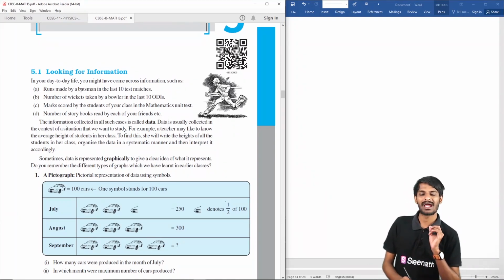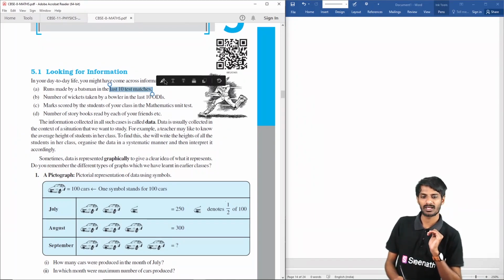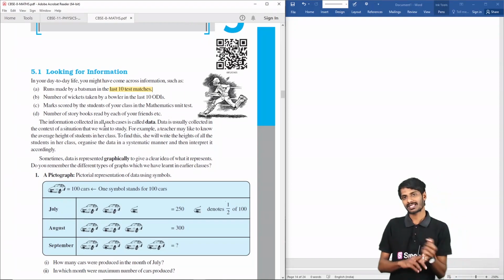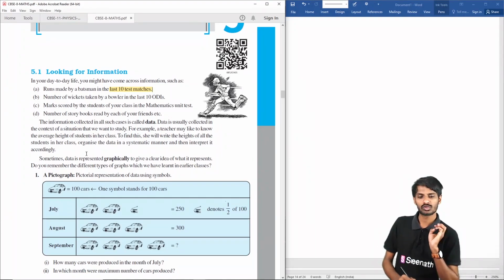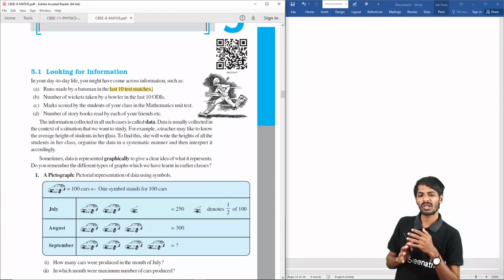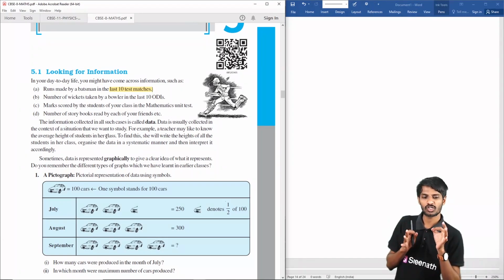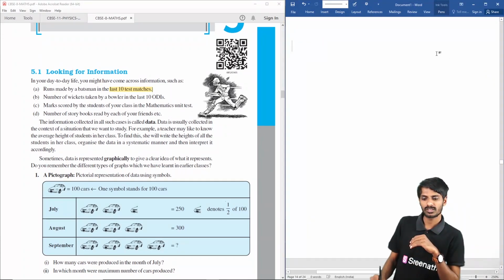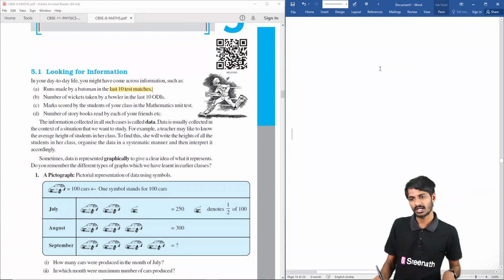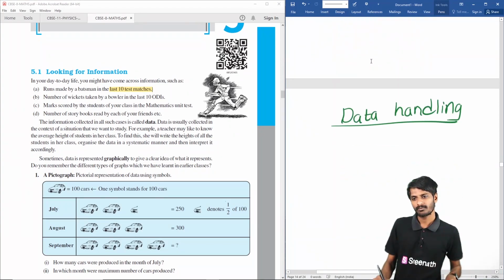Runs made by a batsman in the last 10 test matches, the number of wickets taken, and the marks scored by a student in a mathematics exam, and the storybooks of your friends. The information in all these cases is called data.